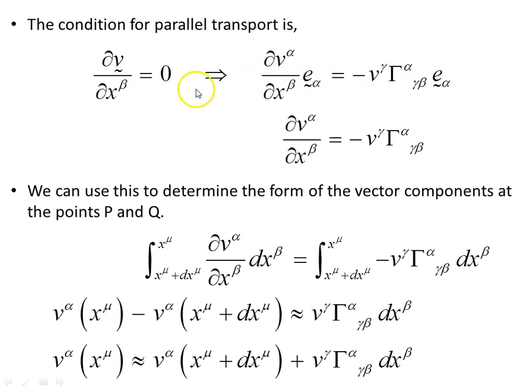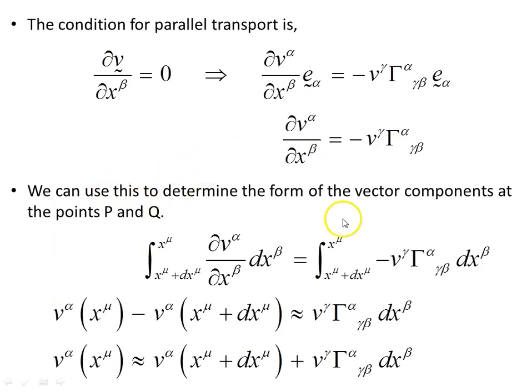Alright, now the condition for parallel transport is that the derivative of the vector is 0. From earlier, a couple of slides back, this thing set to 0 means that this is equal to that, same basis vectors here, and that means that this component is equal to this component. That helps in deriving an expression for the covariant derivative.